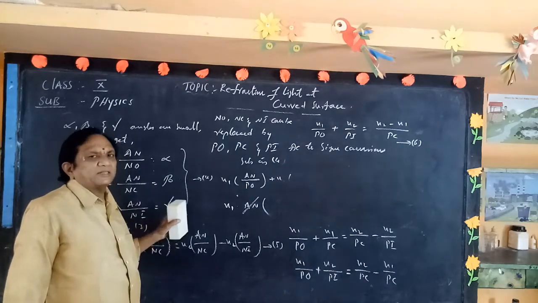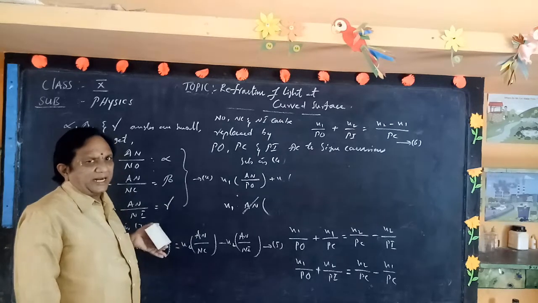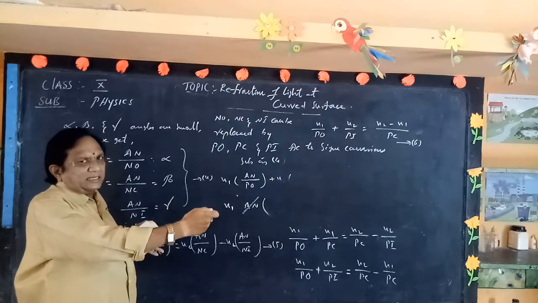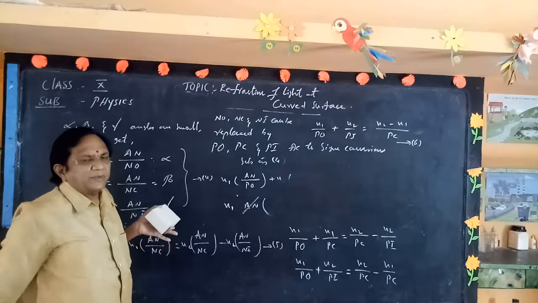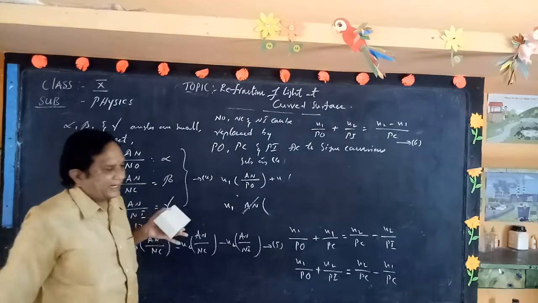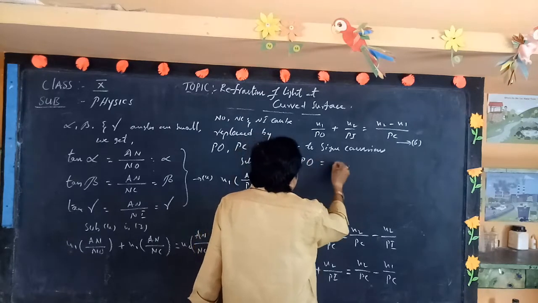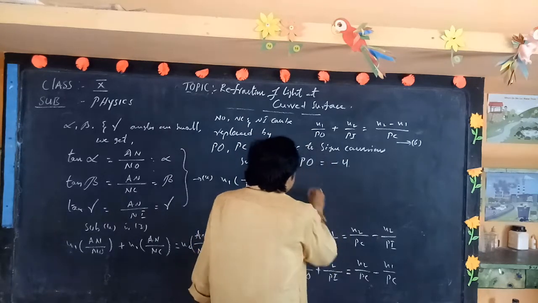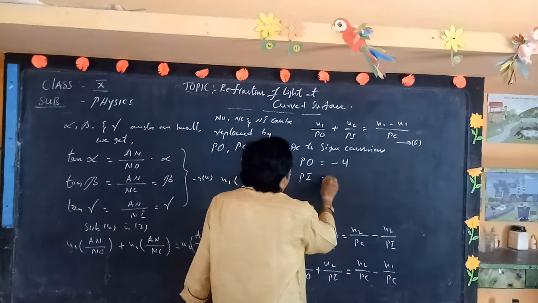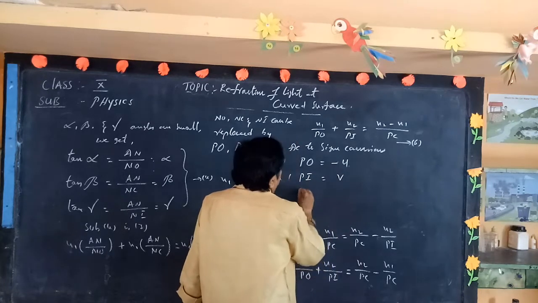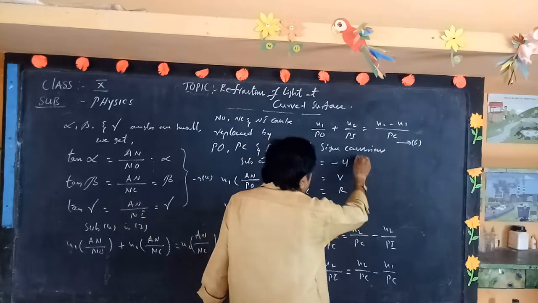Only u, that is object distance, is on the left side, remaining radius of curvature and image distance are on the right side. Therefore, according to sign convention, PO is object distance, this becomes minus u, and PI, image distance, will be V, and PC, radius of curvature, is R.